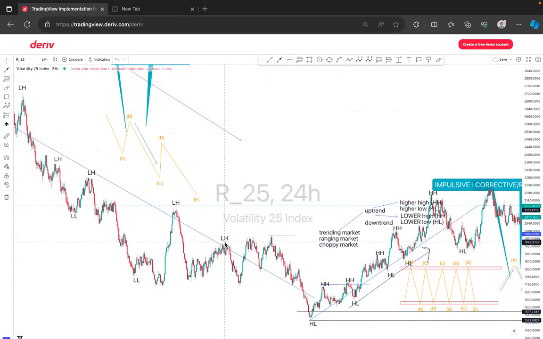You understand? But in this scenario now, if you notice, ever since we've been drawing this thing, we've never seen a new lower high taller than the previous lower high. It has to be shorter than the previous lower high. So for this case to actually happen, it means that the trend doesn't want to obey.